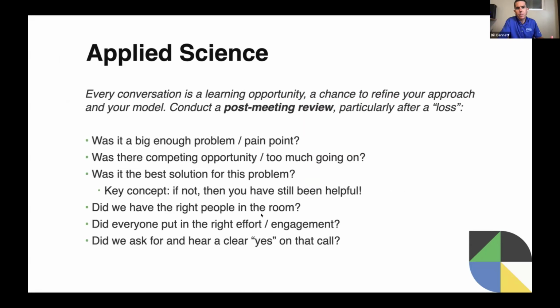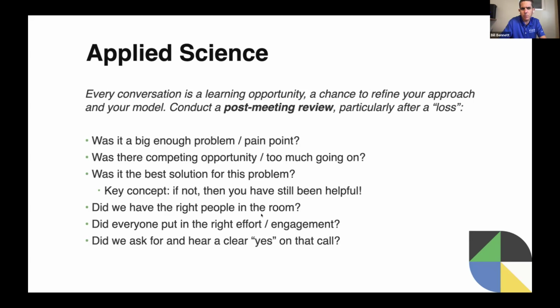And part of that is just like any other engineering discipline. It's applied science, where we have a hypothesis that we're testing, and we're simply getting feedback on our hypotheses that either is going to validate or disprove our beliefs. Was the problem big enough in the first place? Might be one of the questions we want to ask ourselves.